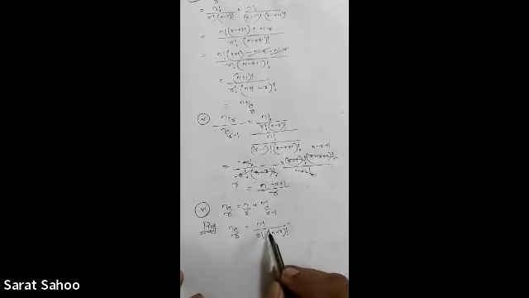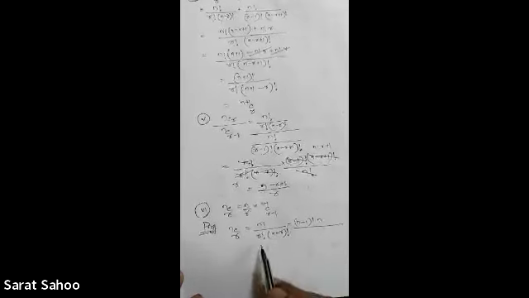You know, n factorial can be written as (n minus 1) factorial into n, and r factorial can be written as (r minus 1) factorial into r.